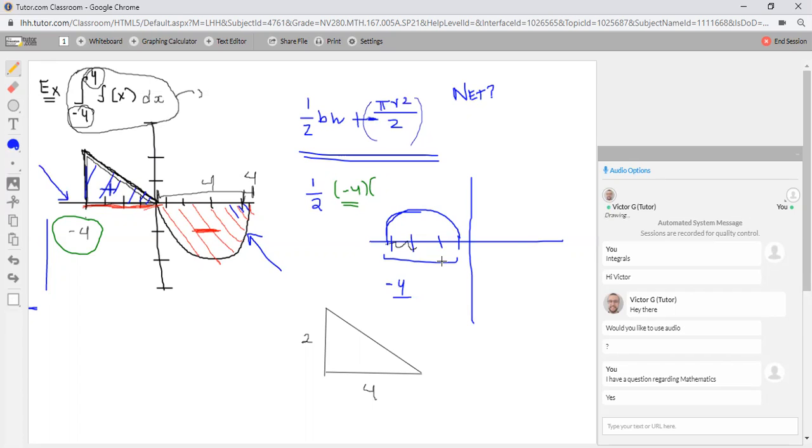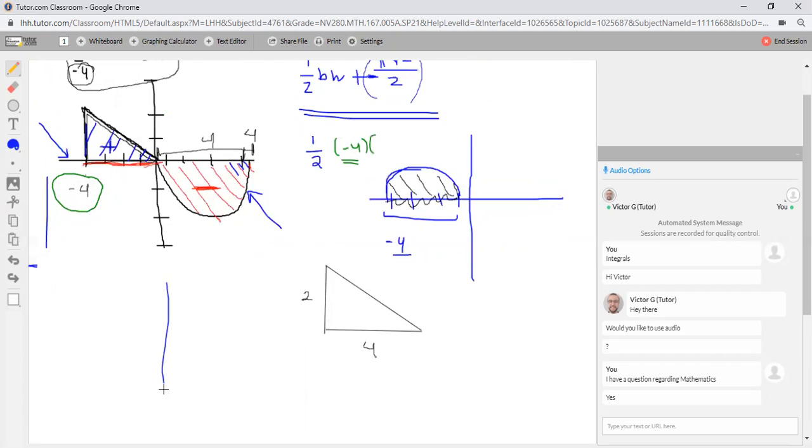Yeah. So when looking at the length, we always use positives. We are going to apply the signed area by looking at the picture itself. Is it above or below? And then we apply the sign. I see. Okay. So if I had something like this, 1, 2, 3, 4, maybe something like this, it would be negative 1/2 times base times height.